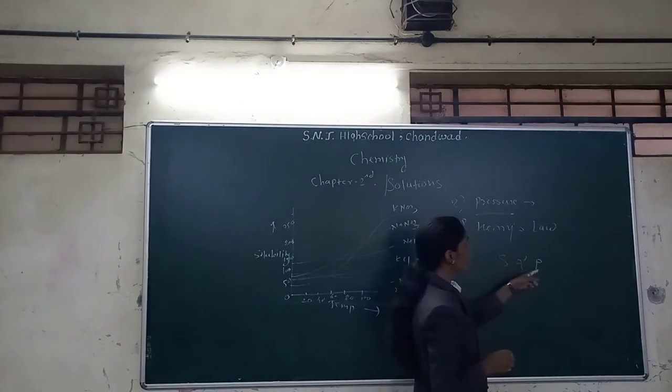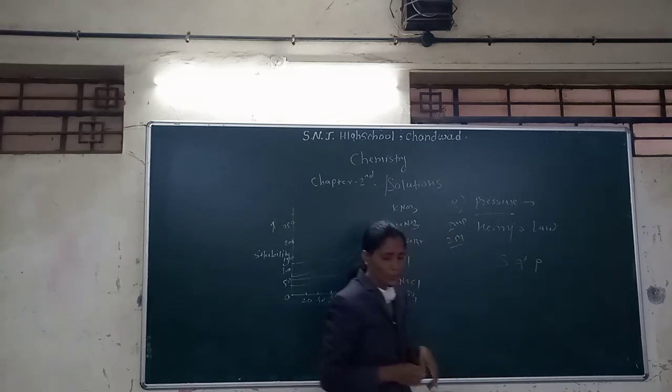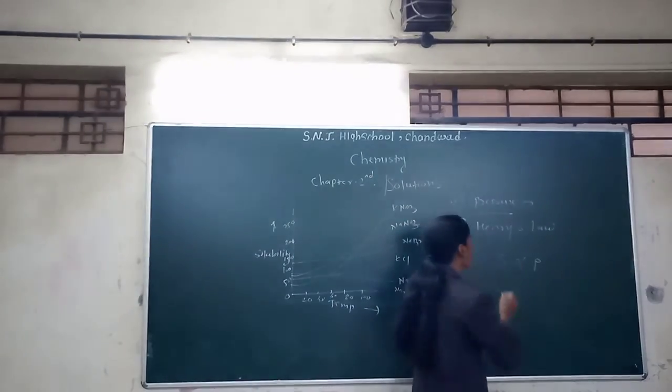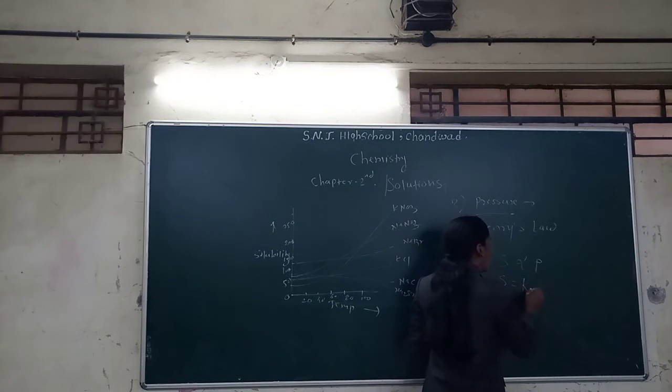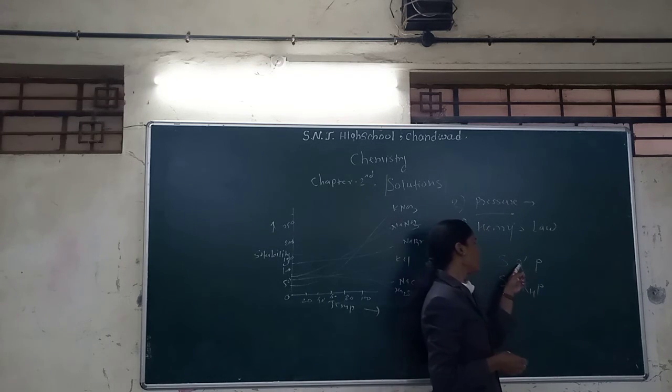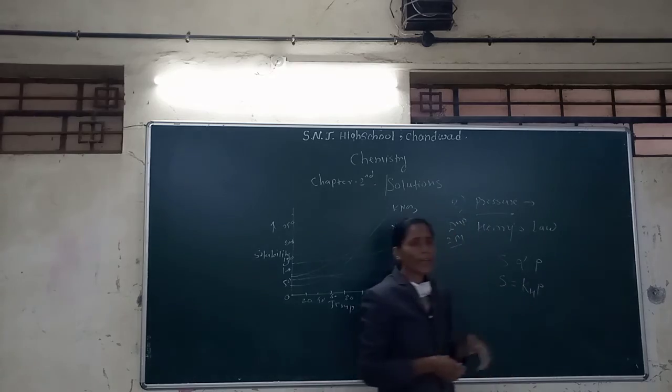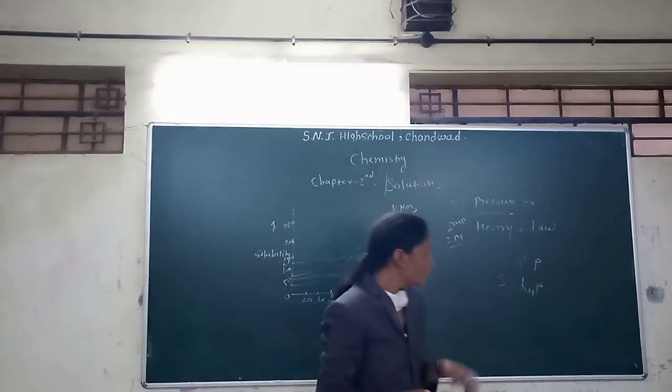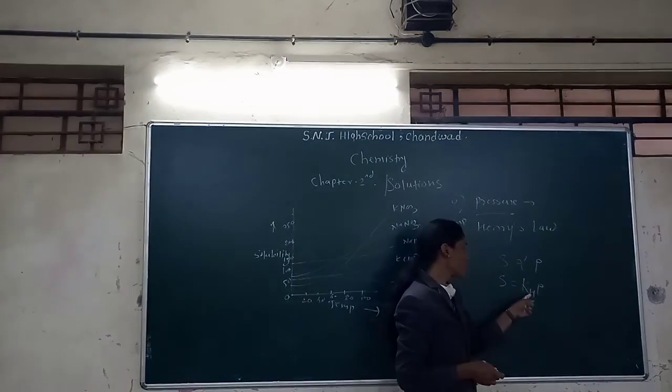S is for solubility, P for pressure. Then S is equal to KH into P. When we remove the directly proportional sign, we get an equal sign and a constant, the proportionality constant KH for Henry's law.